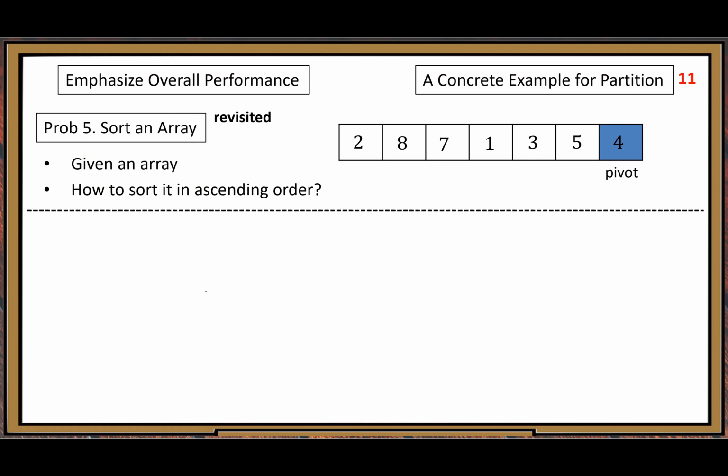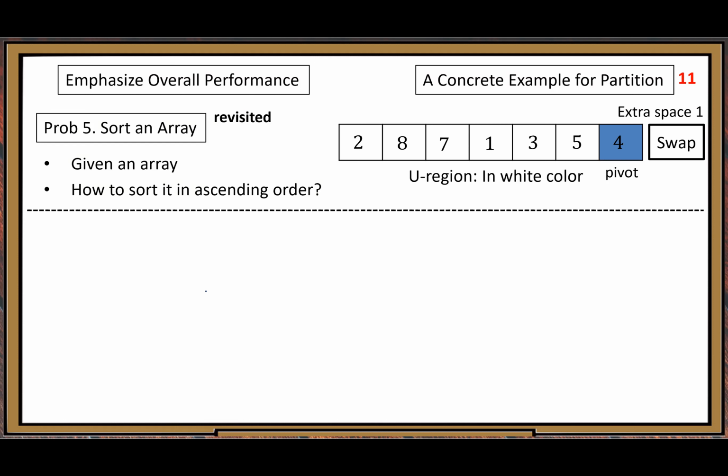Therefore, for different regions, I use different colors to represent them. The white color is for the unprocessed region, U region. Then for the S region and L region, I use two different colors so you can see the boundary clearly.